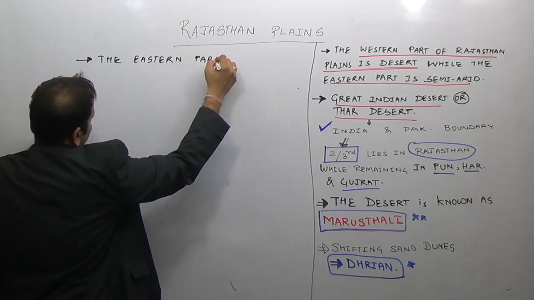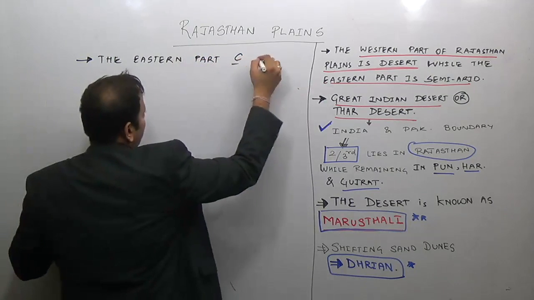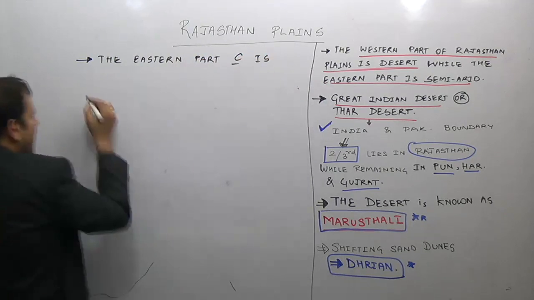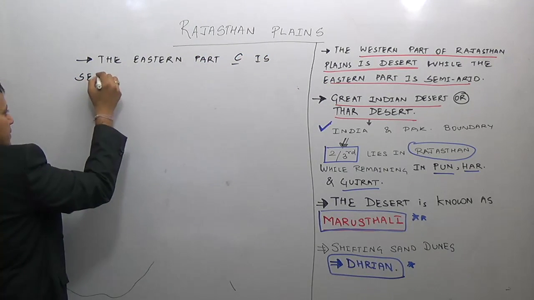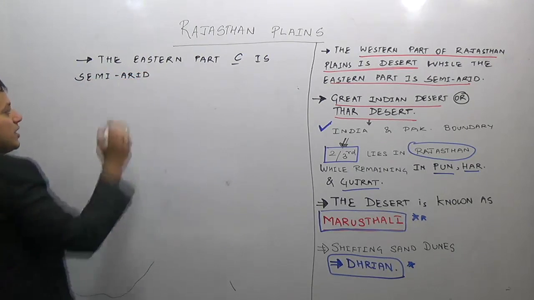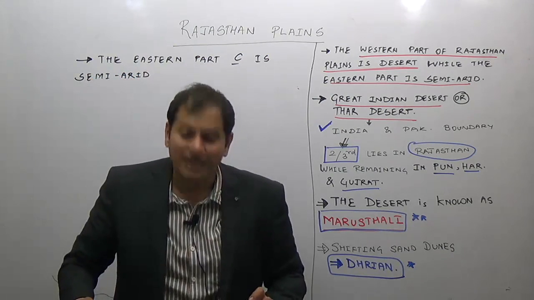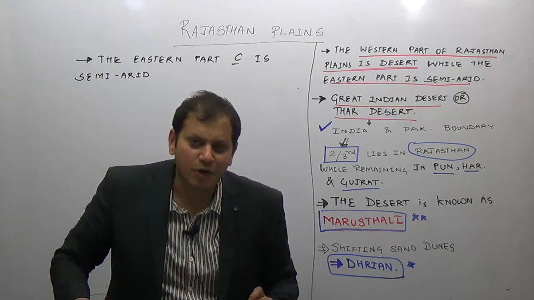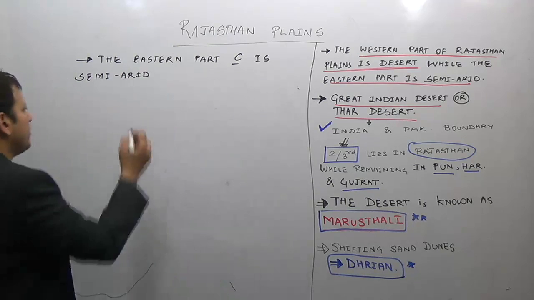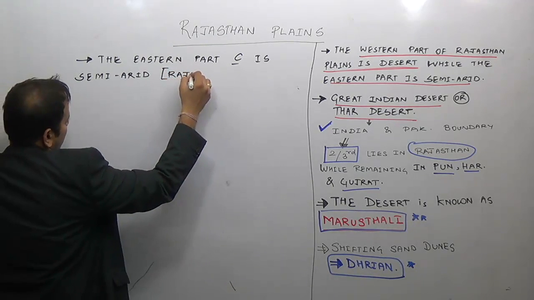The eastern part, which is semi-arid, is known as Rajasthan Bagar. Again, not that important from the exam point of view, but just if you want to remember, the eastern part is known as Rajasthan Bagar.